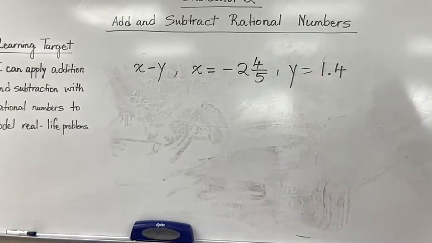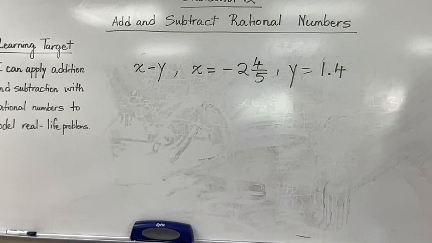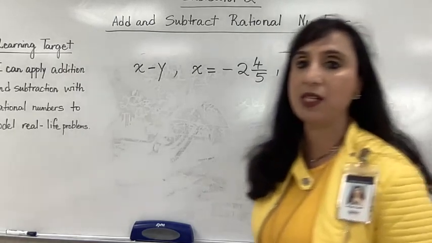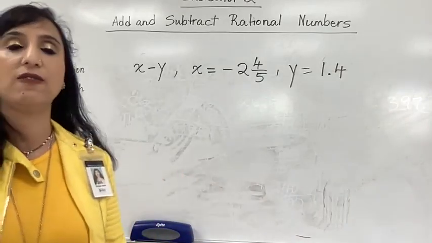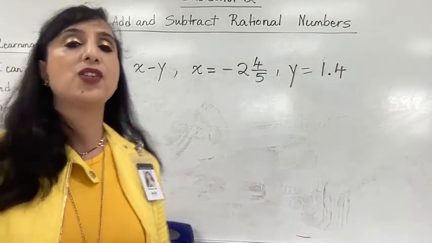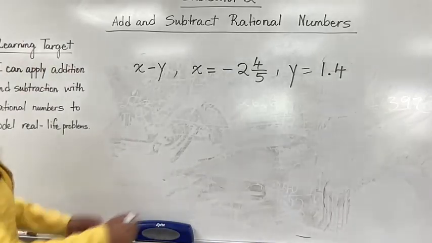Okay, so 1 and 4/10. So again, you can choose whichever method, whether you want to use decimals or you want to use fractions. You will still end up with exactly the same answer. I am choosing to use decimals because when I see the denominator as 5, I know it's very easy to convert to 10th.